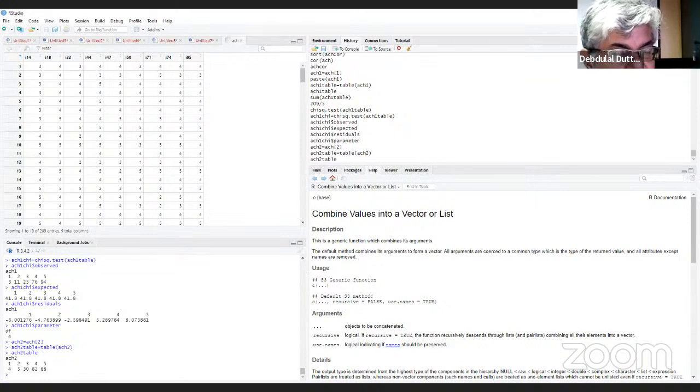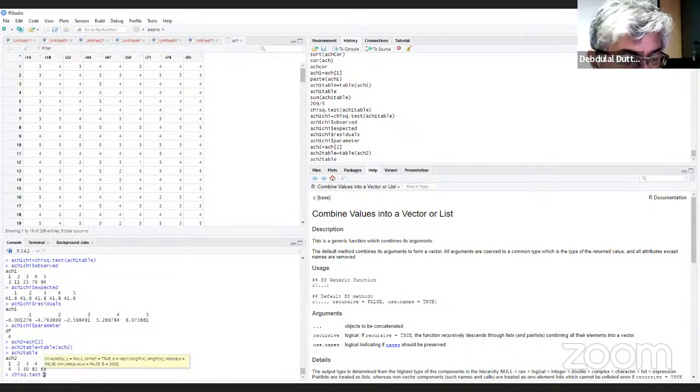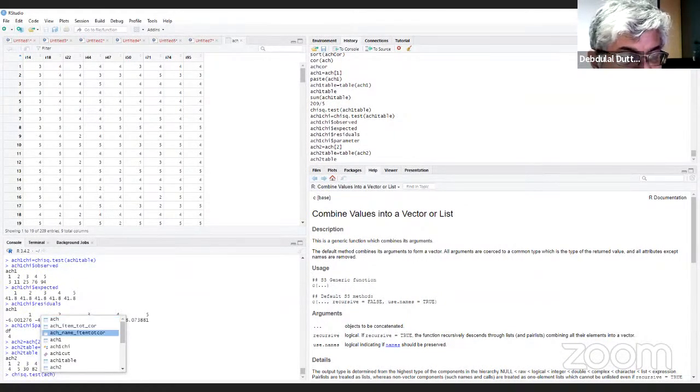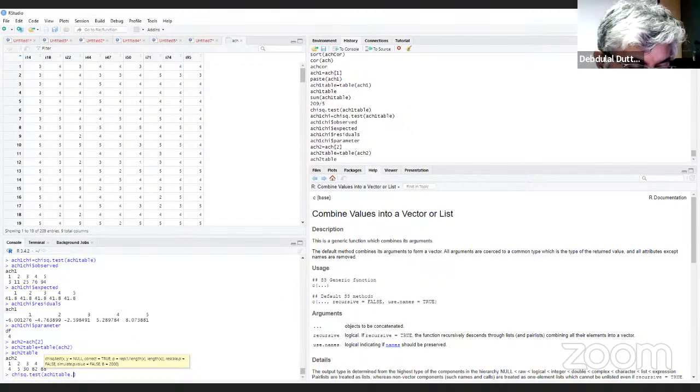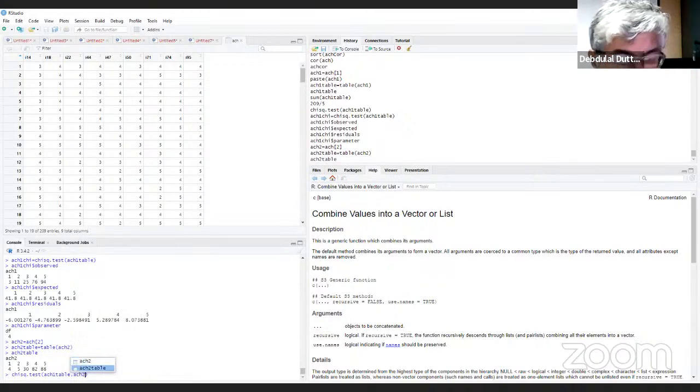Now, if I want to know more about it, whether there is any association between the first and second, then we can do the chi-square test. Then the H1 table value, comma, ACH2 table value.